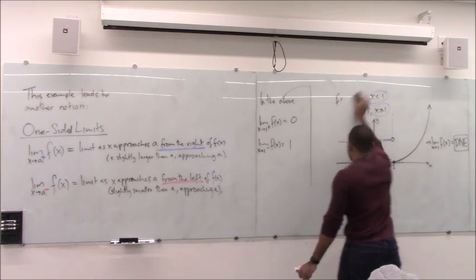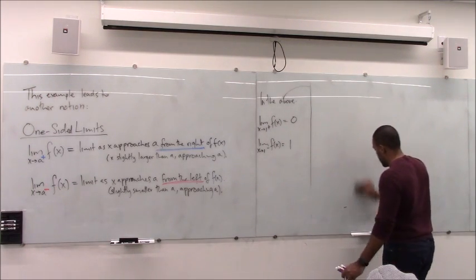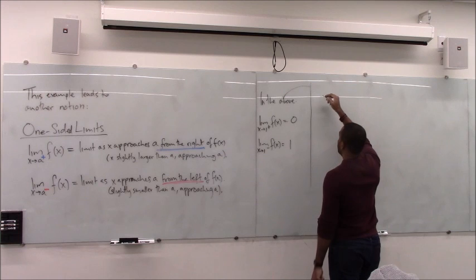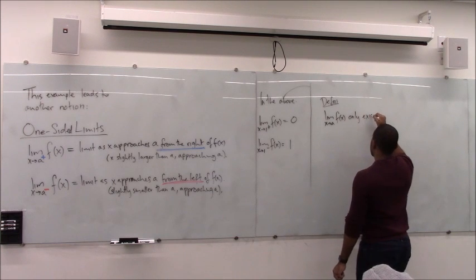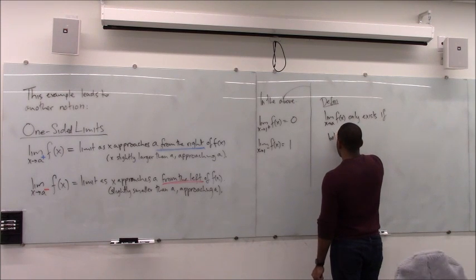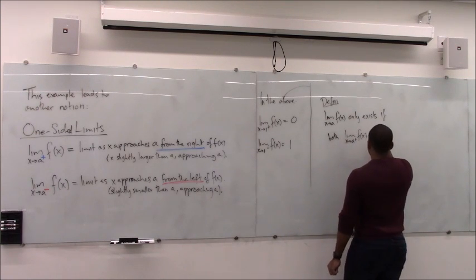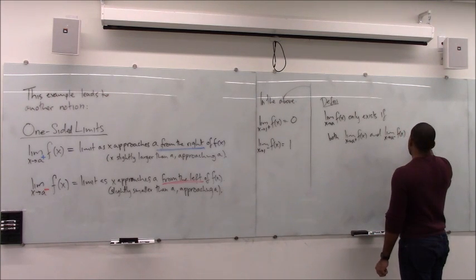That leads us to another definition, which is probably a better word to use for this than definition. Convention? No, not really. The limit as x approaches a of f of x only exists if both one-sided limits exist, so the limit as you approach a from the right of f of x, and the limit as you approach a from the left of f of x, exist.